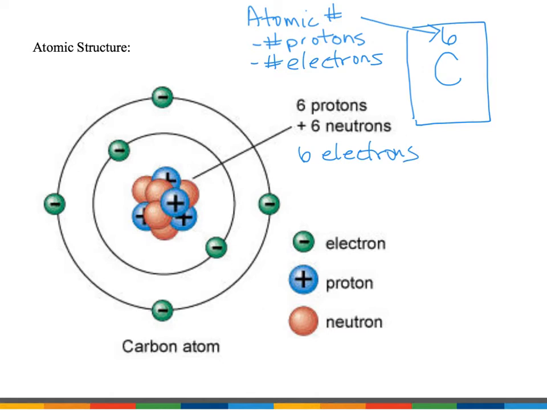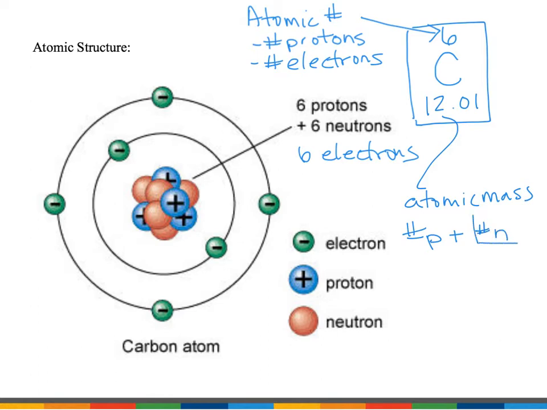Underneath the symbol for carbon in the periodic table is another number, and carbon's number is 12.01, and that represents atomic mass. Atomic mass is the total number of protons plus neutrons that carbon contains.